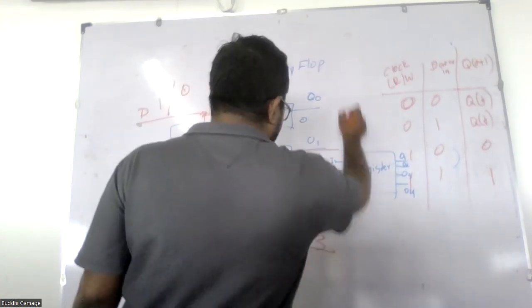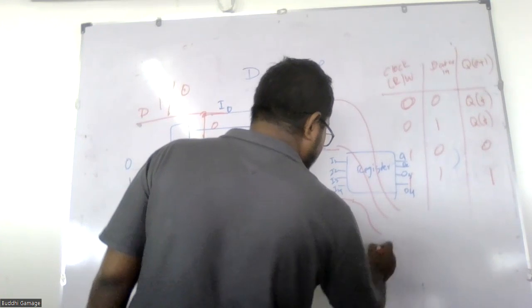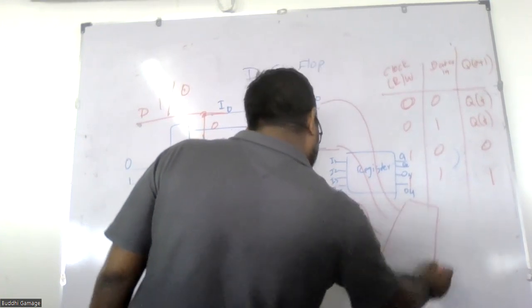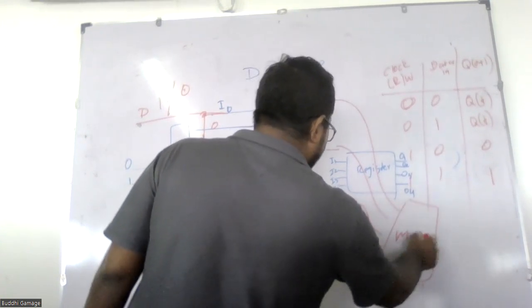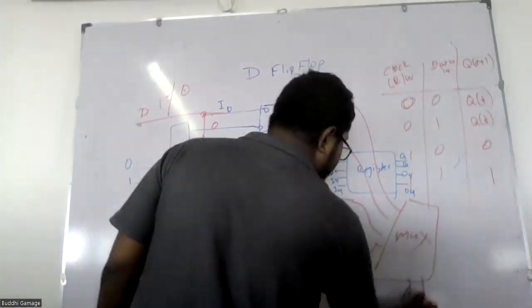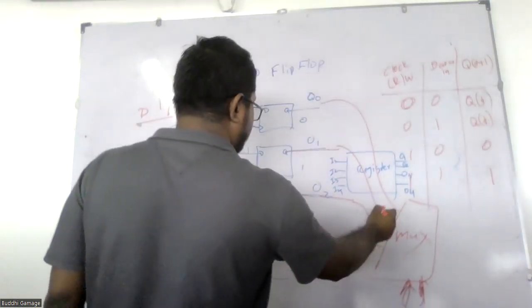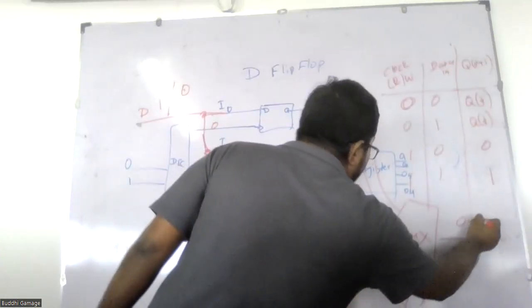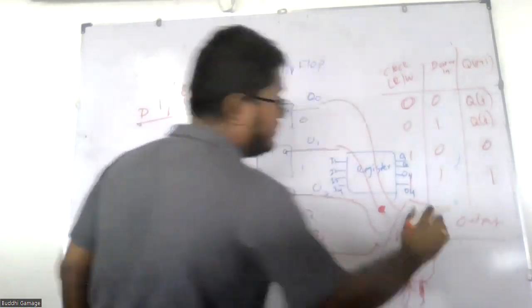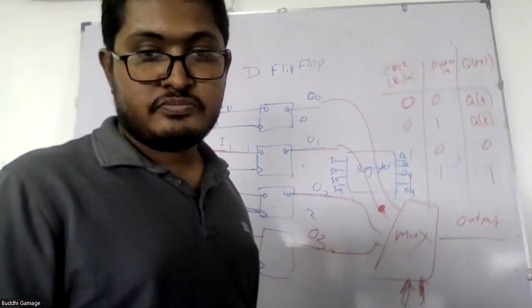How can you do that? Using a multiplexer. By using the control lines, you can select the particular output, so you can read or get the data out.